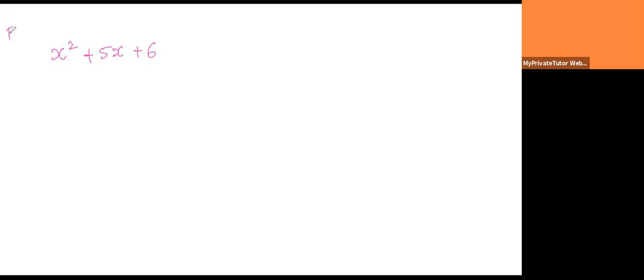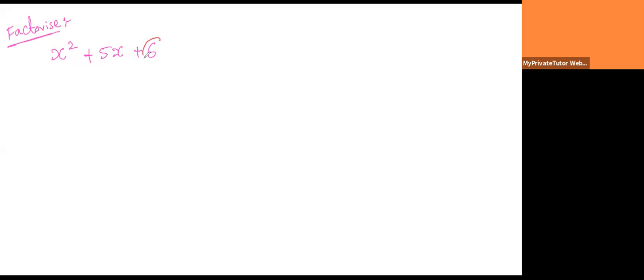The question is to factorize this one, which means we need to write the answer using the factors, for example x plus a number and x plus another number. So we need to write the answer like this. How do you convert that? We have different methods to follow. I will explain one of the methods, by regrouping or writing the factors directly.